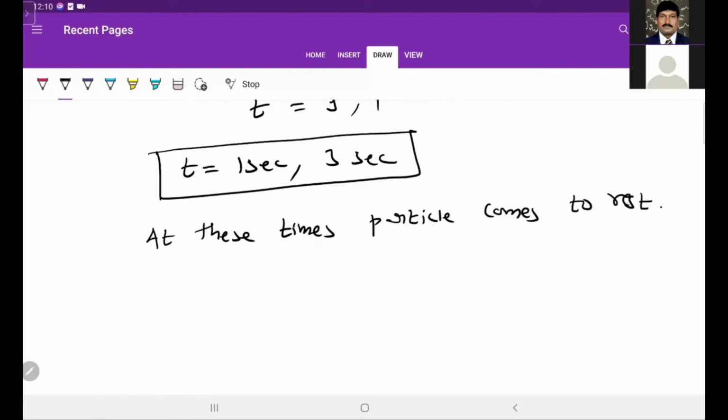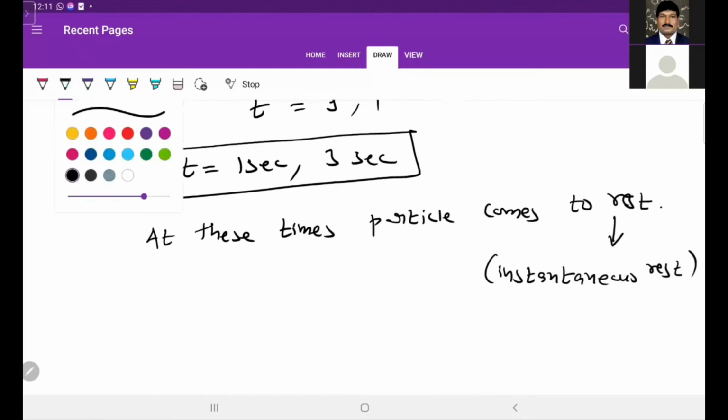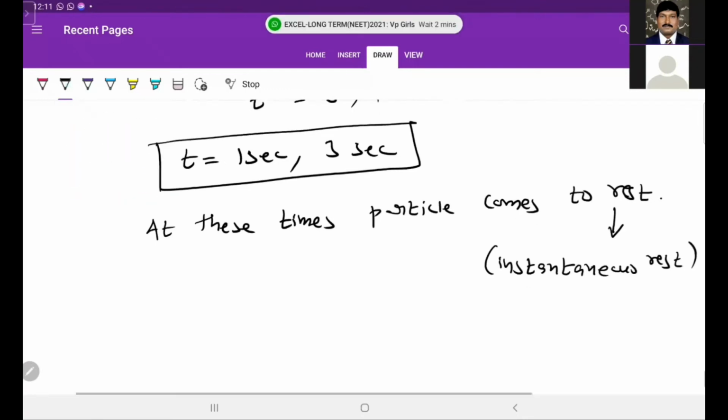So particle comes to rest. Rest means it's not permanent rest. It is the instantaneous rest. It never takes rest permanently. It comes to rest instantaneously.